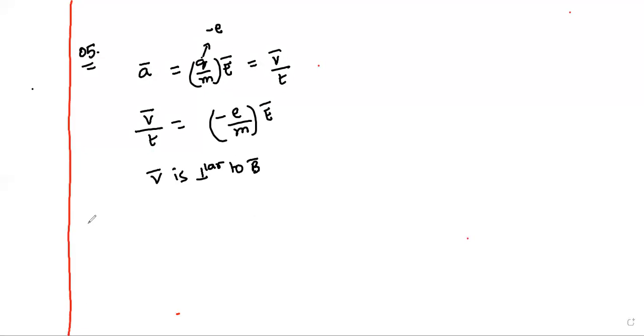Now, whenever the electron is projected in a region such that velocity is pointed along the direction of the field, if V bar is along the direction of the magnetic field, then I can say theta is 0. There will be no motion now.